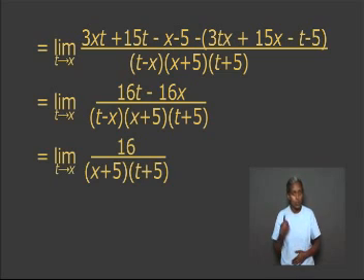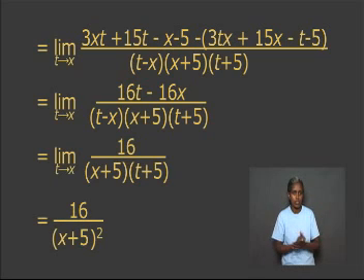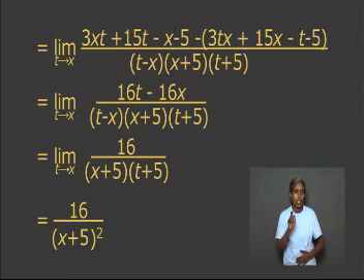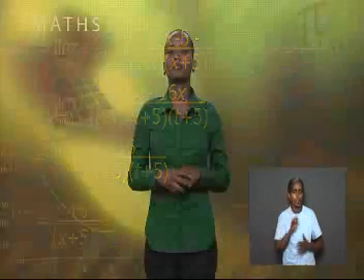We can cancel t minus x out of the expression. Solving for the limit, we find that the derivative of the function with respect to x equals 16 over (x plus 5) the whole squared. Did you get the same answer? If you did, great job.